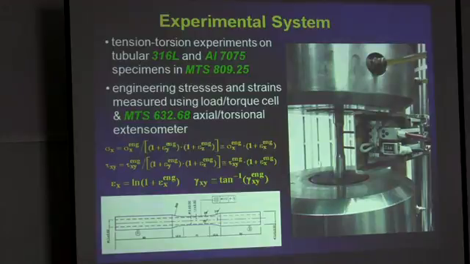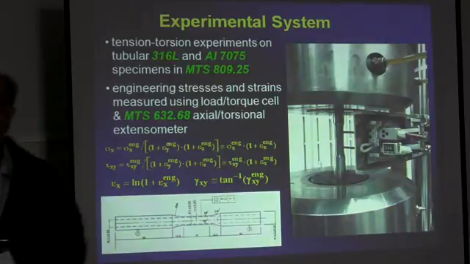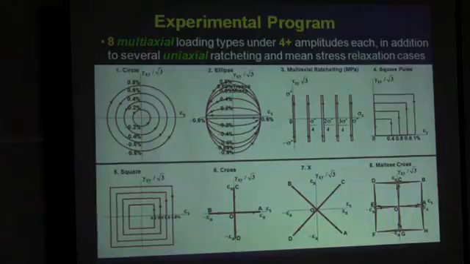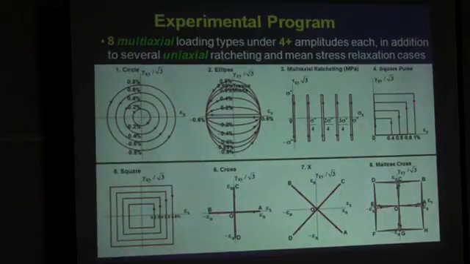So let me talk briefly about our experimental system. We are performing tension-torsion experiments on 316L stainless steel and 7075 aluminum, kind of the extremes of non-proportional hardening. We have a very extensive experimental program going on.